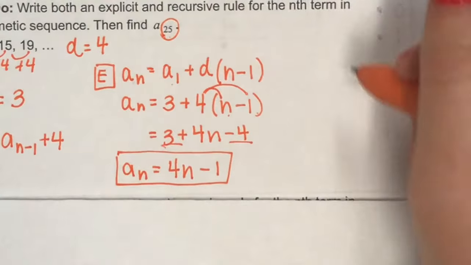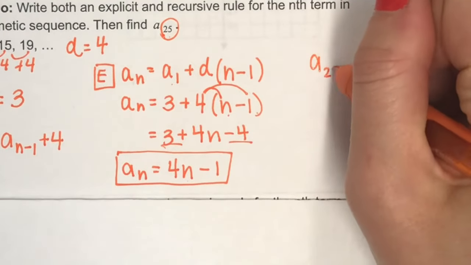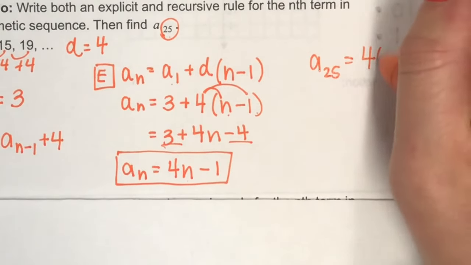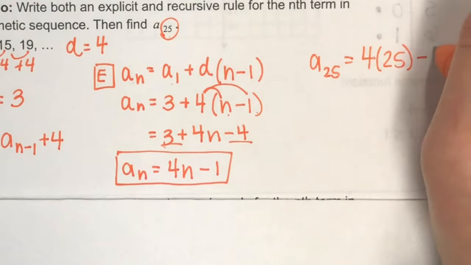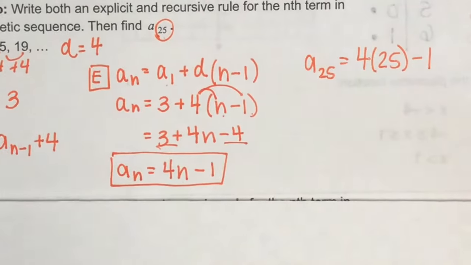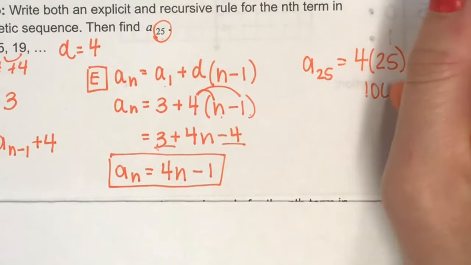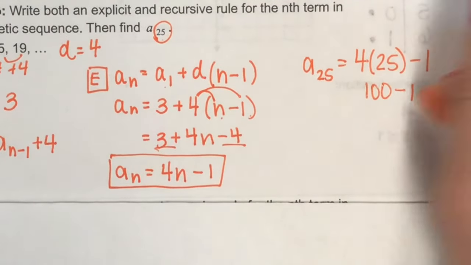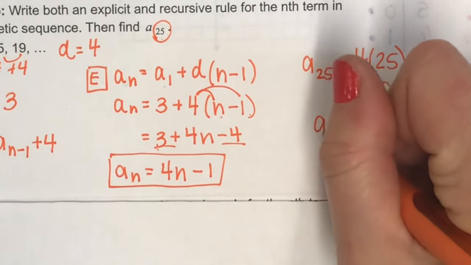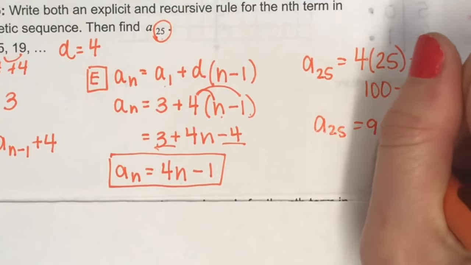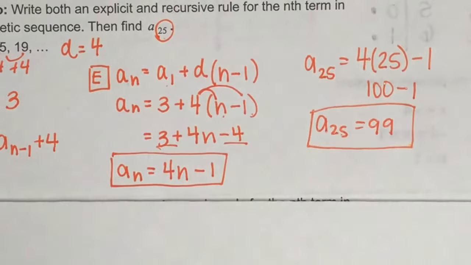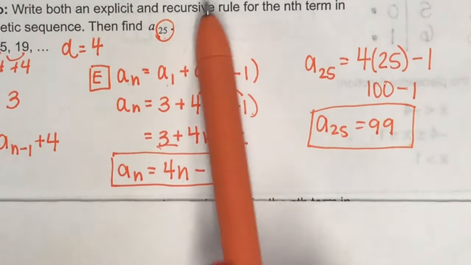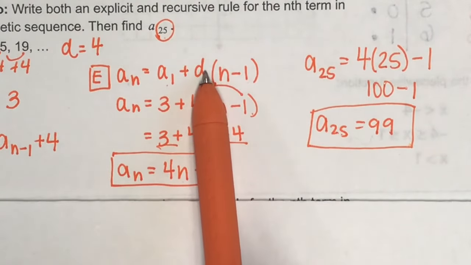So that's easy peasy. a25 equals 4 times 25, and then I'm going to subtract 1. So 4 times 25 is 100. Think about 4 quarters. Take away 1, and you've got 99. There's your final answer.